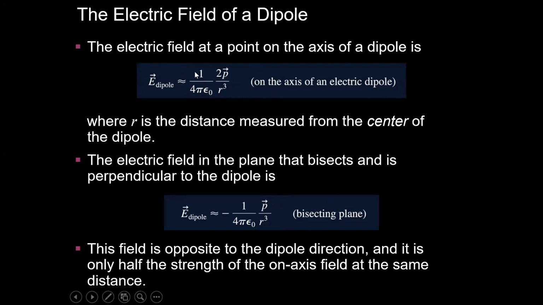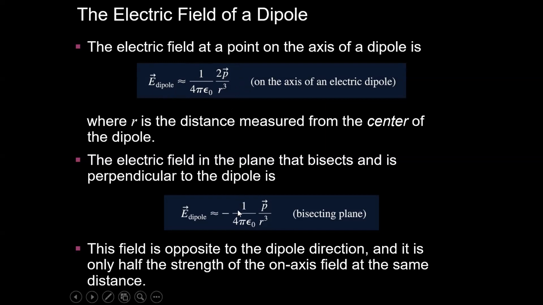On axis, when you make the assumption that you're measuring the electric field far away from the dipole, so the distance you're measuring at is big compared to the separation of the charges, you find that the electric field is in the same direction as the dipole moment, and it drops off like 1 over the distance cubed, not 1 over the distance squared.